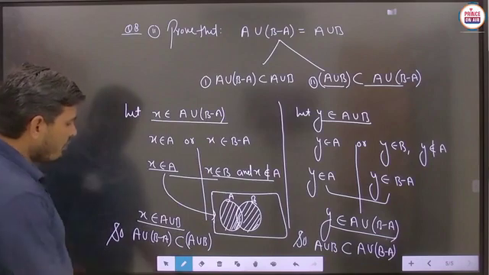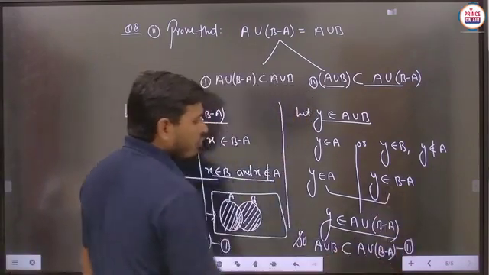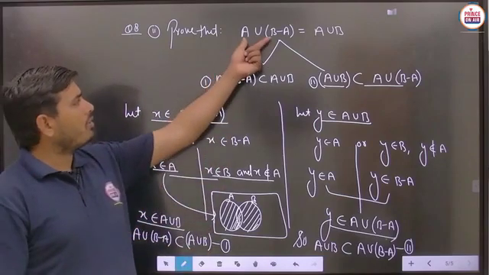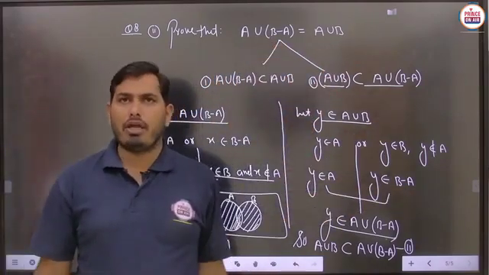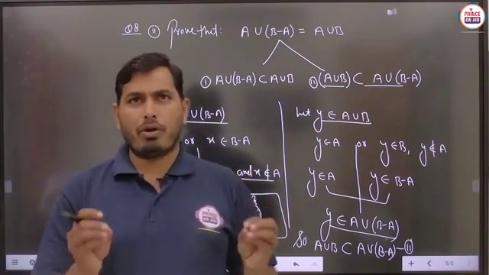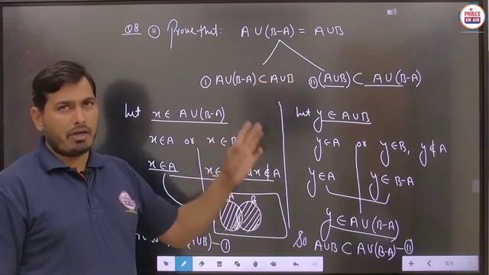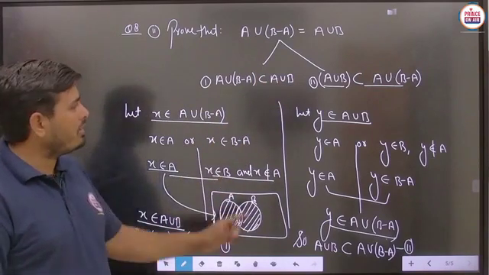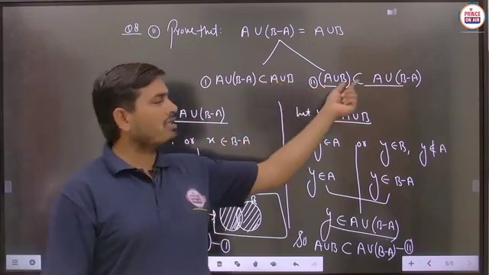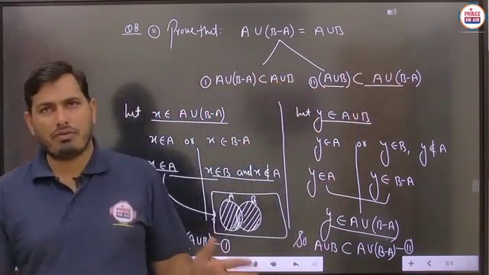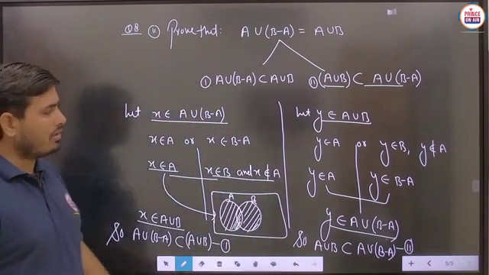So on behalf of this condition number 1 and condition number 2, you can just say that this particular A union B minus A is found to be equal to A union B. So student, this proper logic we are just applying, and what should be the logic? If any two sets are said to be equal, then definitely we have to prove this is the subset of this part and this is the subset of this part. If we are able to prove both the things, then definitely you can say this. Is it to be clear?